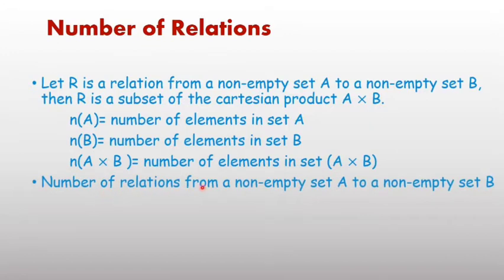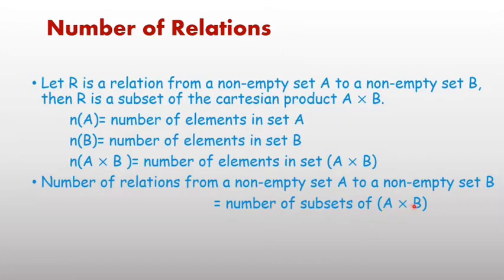Then the number of relations from non-empty set A to non-empty set B means the number of subsets of A cross B. Number of subsets of a set you have already covered in the previous chapter in set theory. If any set is given, we can find the number of subsets using the formula 2 power n, where n represents the number of elements in the given set.